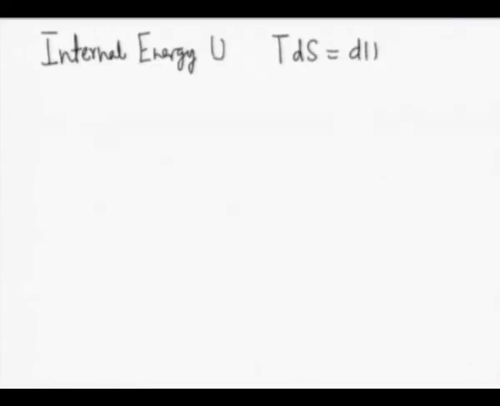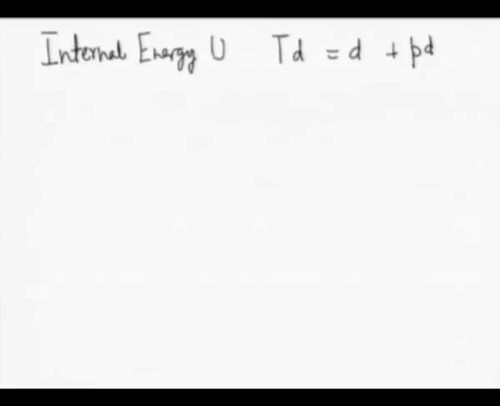TdS is dU plus pdV, and just because we don't want to write big capital letters, we will consider our mass of the system to be 1 kg, and hence we will write henceforth all our property relations using specific values.